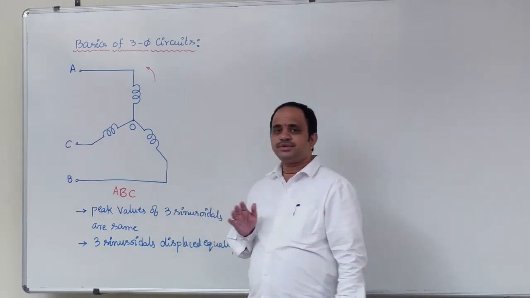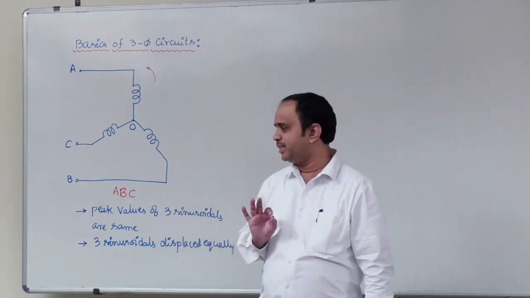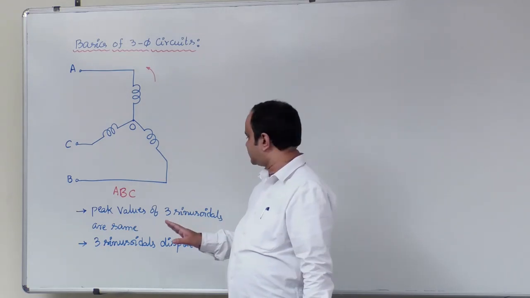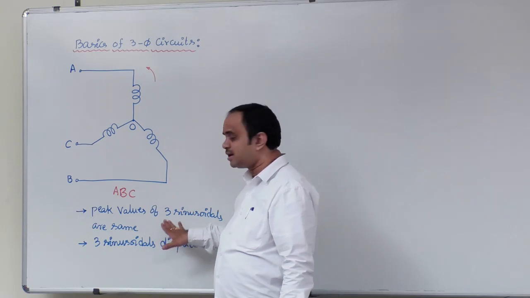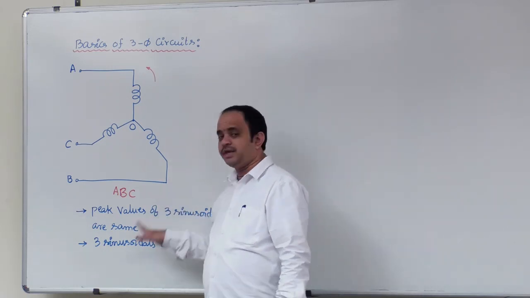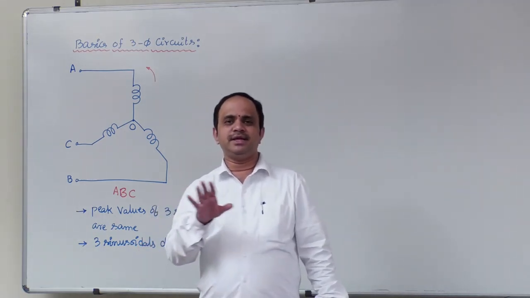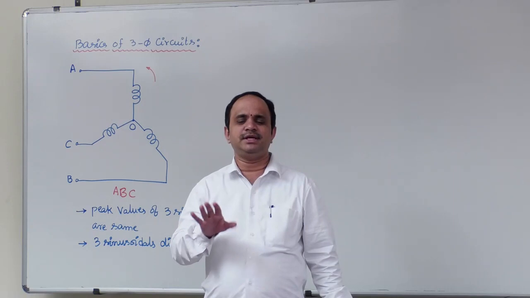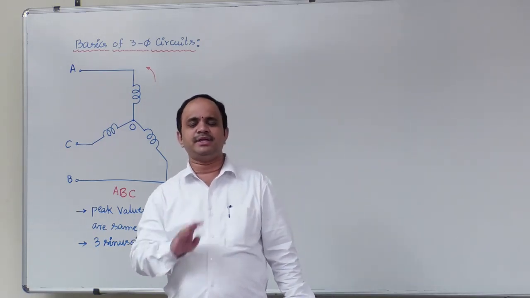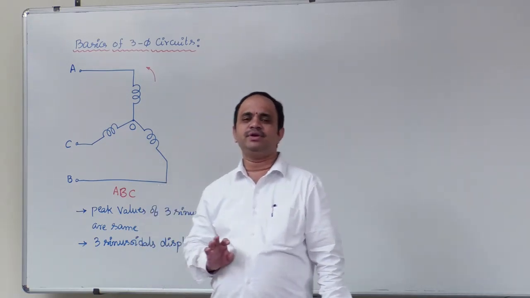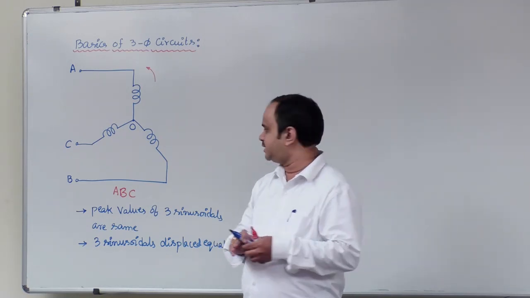Suppose it is a delta connected system, it is difficult to define a neutral connection, right? So in general, this definition is applicable for a 3-wire system or 4-wire system, star or delta, right? The peak values or magnitudes of the three sinusoidals are the same, and the three sinusoidals are equally displaced in the given space angle, that is the total angle of 360 degrees divided by 3 gives you 120 degrees between any two phase voltages or two phase currents, right?